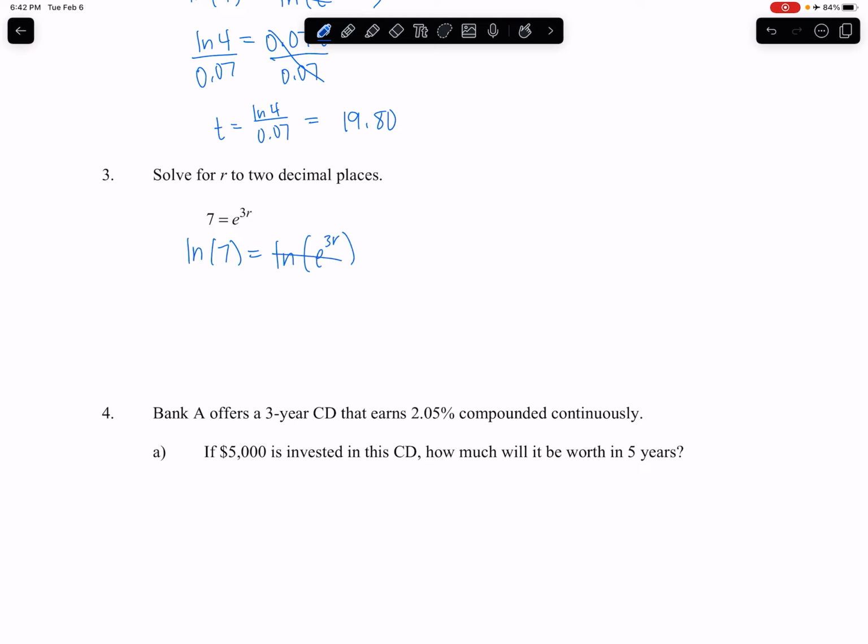Those are inverses of each other, so we have ln 7 = 3r. Dividing, we get r = ln 7 / 3, which is 0.6486. That tells us the rate would be 67.86%.